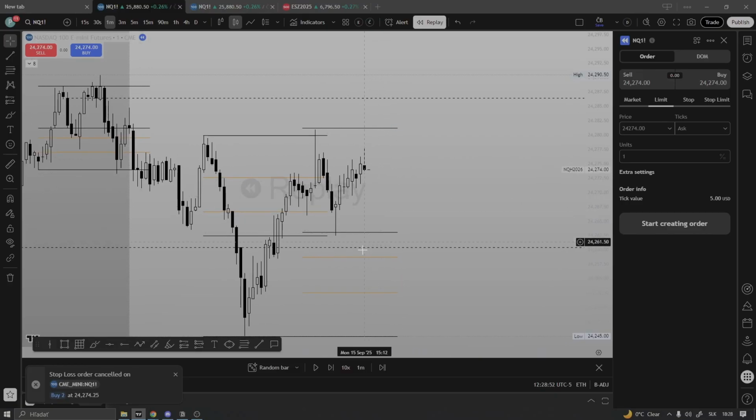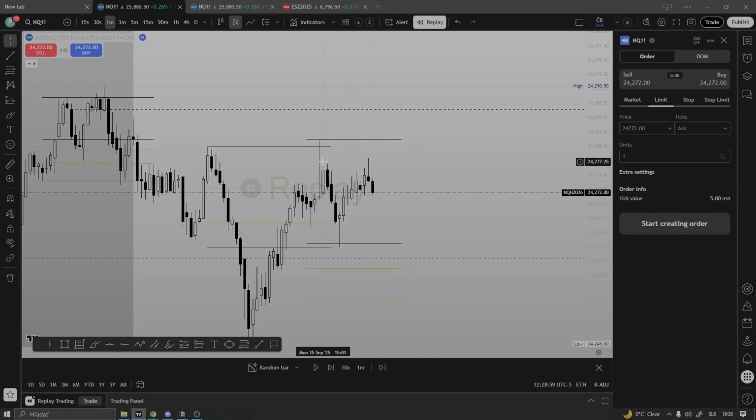Internal sub at the highs. We sub the highs, we're closing right here.